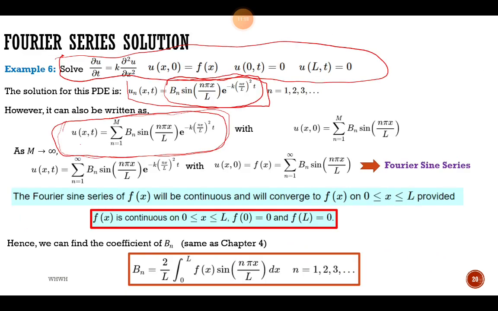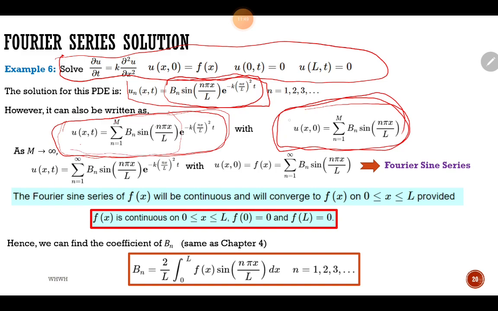So in that case, it is summed up in the form of a summation like this. We have summation from n equals 1 up to m of bn sin m pi x over L e to the power of minus k m pi over L squared t, with the condition that u at 0 is equal to this one. Okay, u at 0 is equal to the first part.